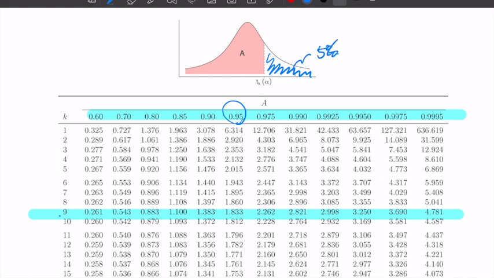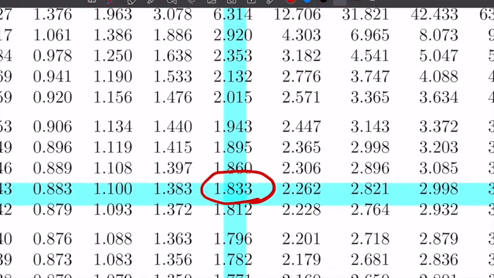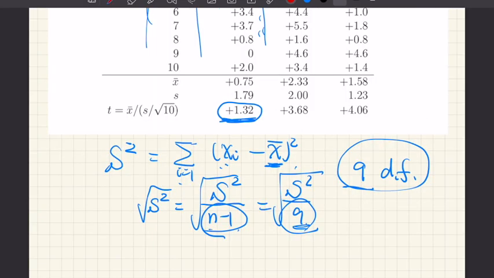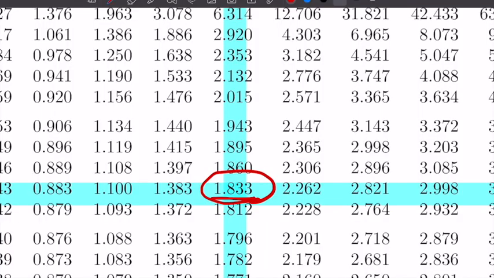So let's look at this column, and we have this number, that's 1.833. So what was our statistic? 1.32, which is less than that number, 1.833.